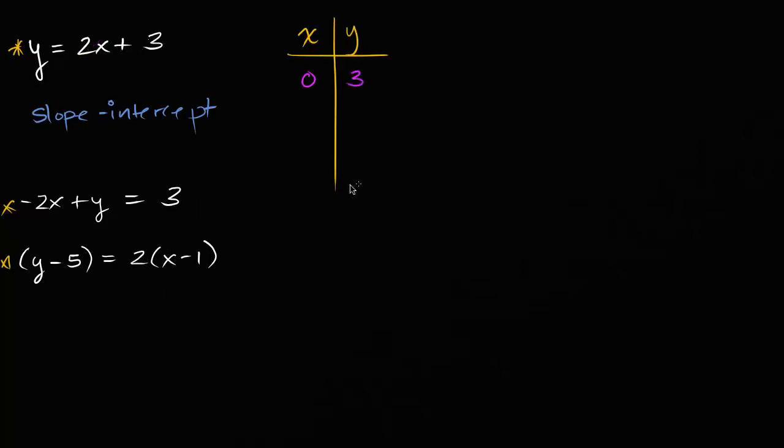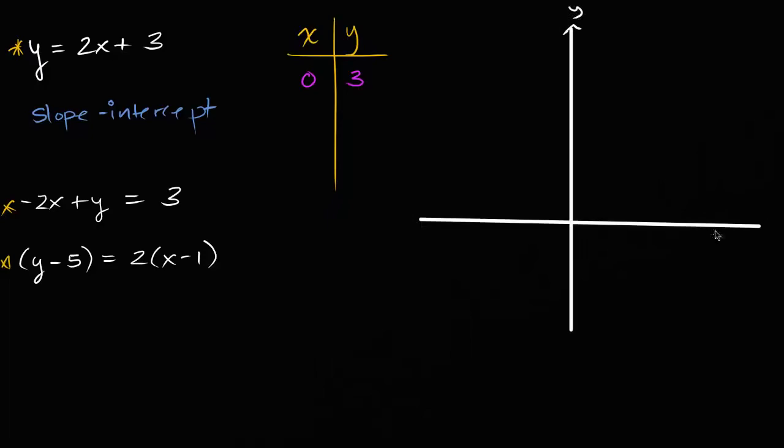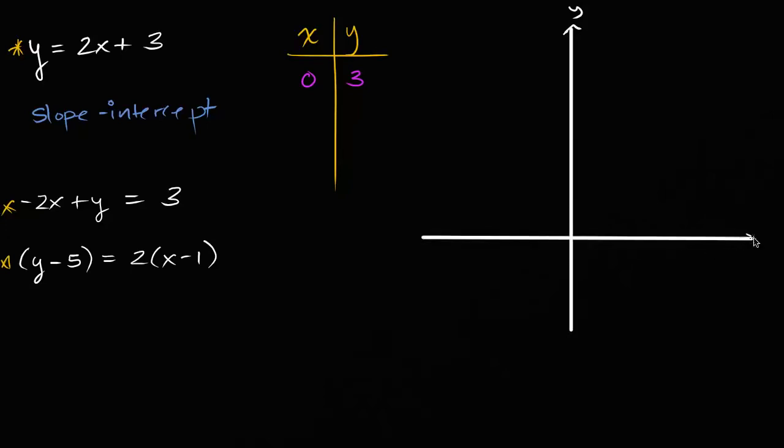And so if we were to plot this, let me start plotting it. So that is my y-axis, and let me do the x-axis. So that can be my x. Oh, that's not as straight as I would like it. So that looks pretty good. All right, that is my x-axis, and let me mark off some hash marks here.